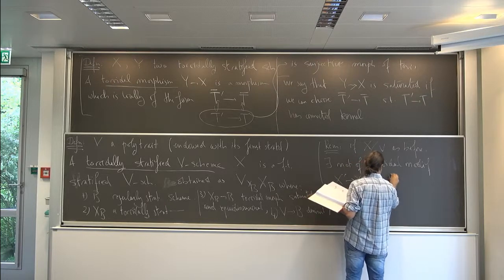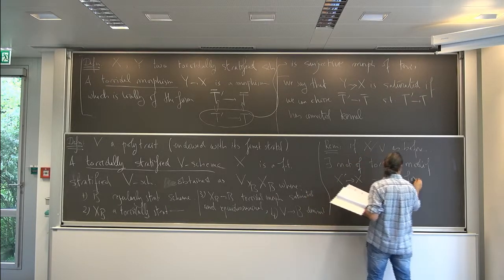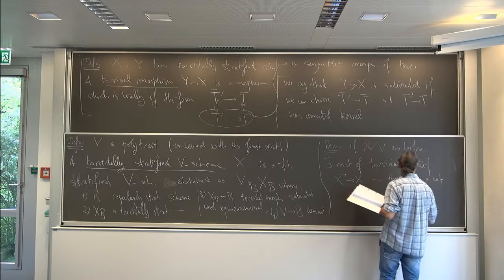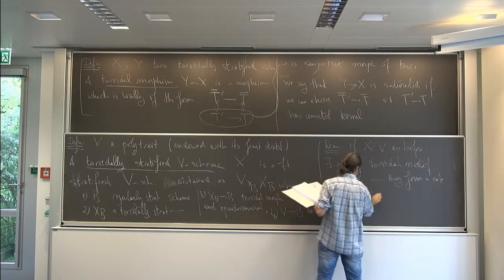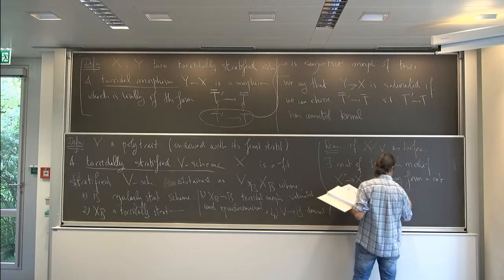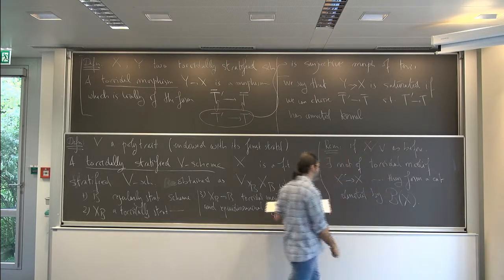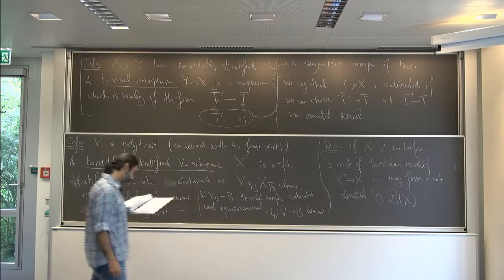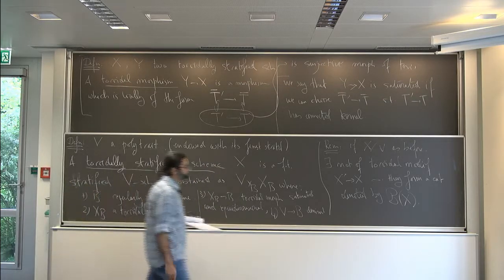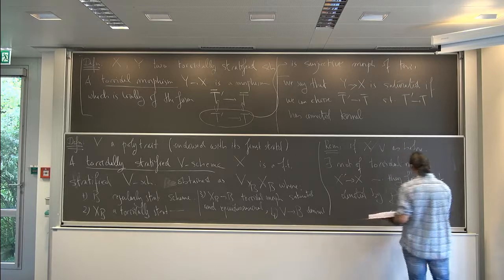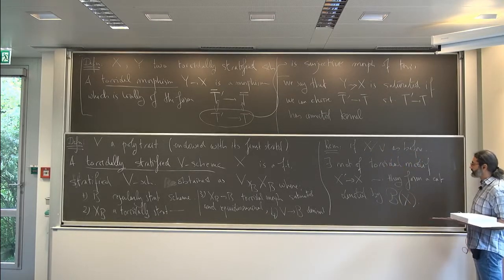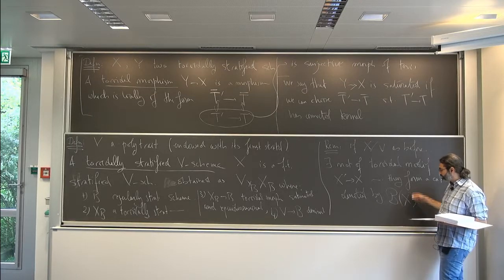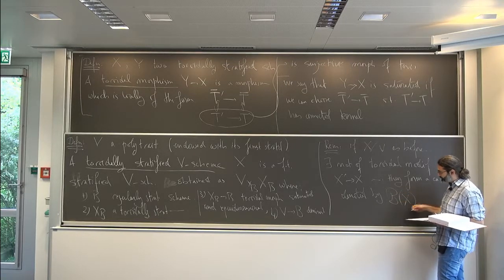And these form a category denoted by B of X. If V is a field and X is regularly stratified, this contains a cofinal subcategory which is given by blow up of faces.